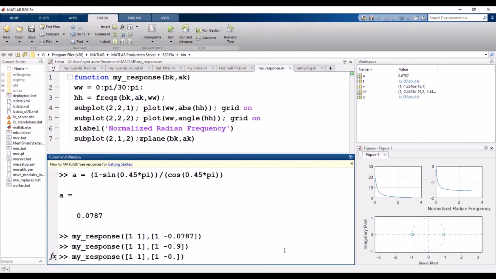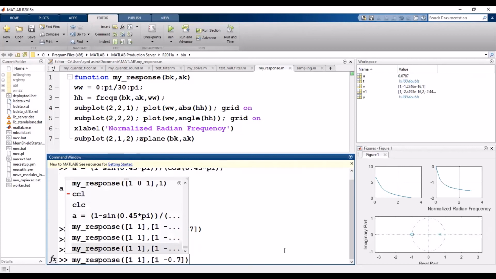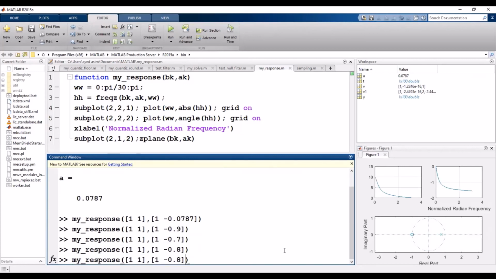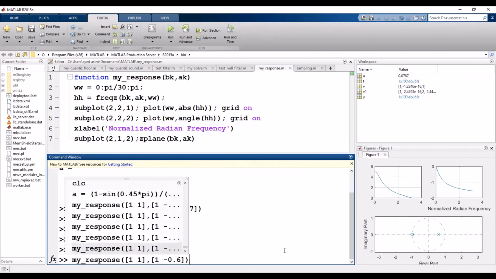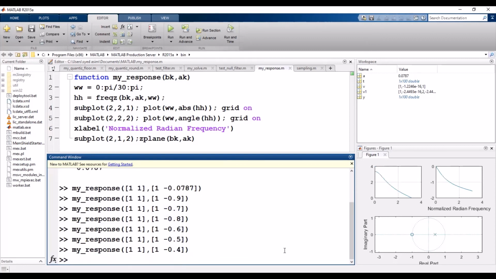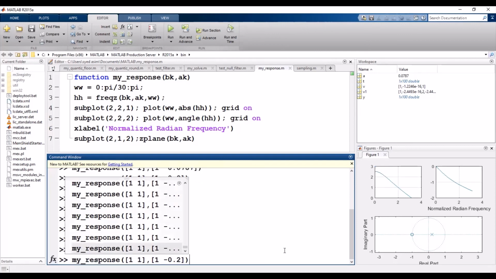0.9, 0.7, 0.8. We don't need any cascading. 5, 4, 3, 2, 1.